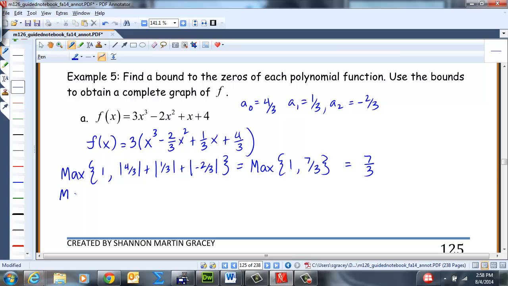Now we have to do that other expression. So 1 plus the maximum of the list of the absolute values of those terms. So 4/3, 1/3, negative 2/3, all in absolute value, is 1 plus. So the maximum is going to be 4/3. And so when I add 1 to that, I get 7/3.